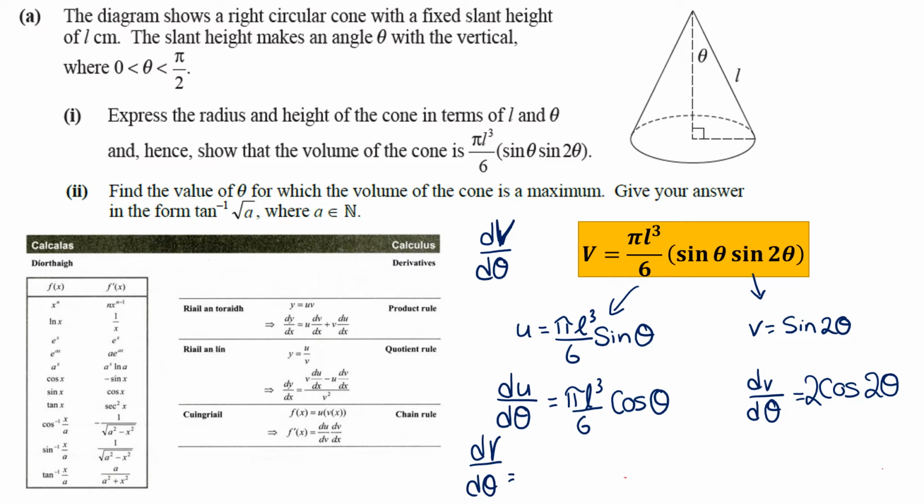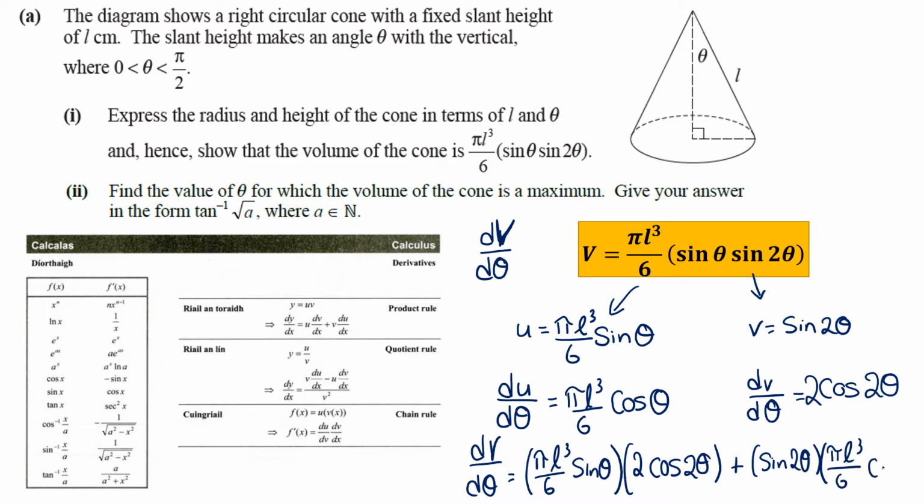We get u, pi L cubed over 6 sine theta, times dv d theta, which is 2 cos 2 theta, plus v, which is sine 2 theta, times du d theta, pi L cubed over 6 cos theta.